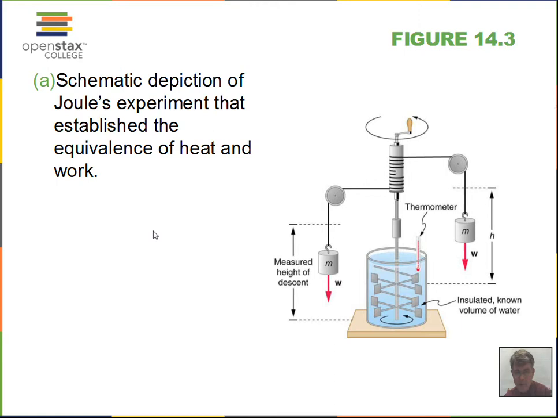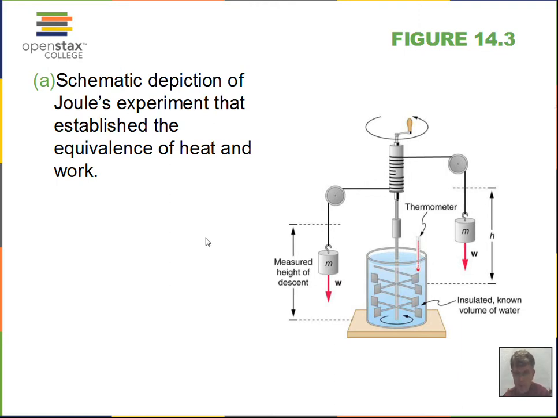So Joule did experiments that gave us this foundation that work is involved, energy transfer is involved, the energy transfer of the gravitational potential energy into energy inside the liquid. And again, you need to remind yourself, temperature is a measure of the average kinetic energy.